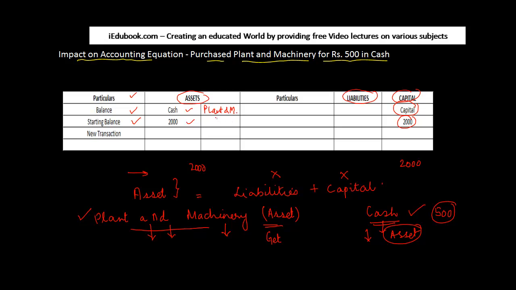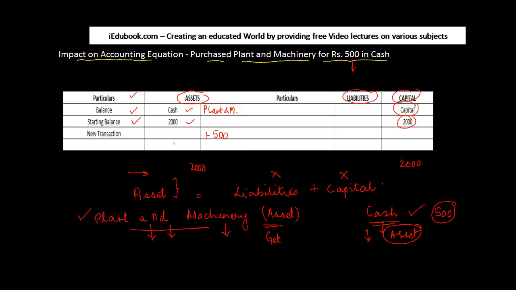So how much is the value of the plant and machinery? It is 500, right? Since the plant and machinery is coming in, it is increasing in value, so I add a plus here, right? But as I get this plant and machinery, I am paying rupees 500 in cash. When I pay cash, what will happen?